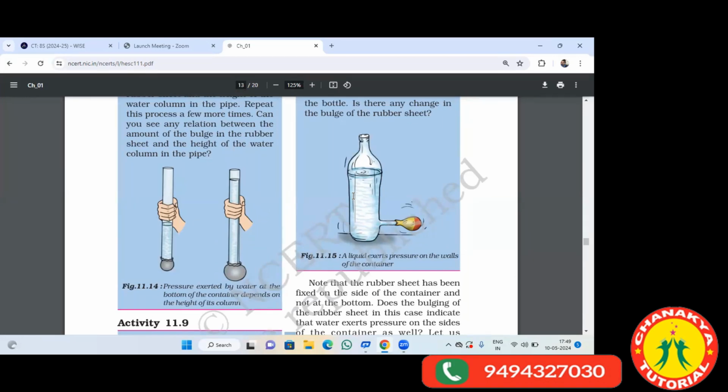Due to the height of water, some expansion of the balloon takes place. So that means due to the height, water creates a pressure, and hence the balloon expands. Got it?